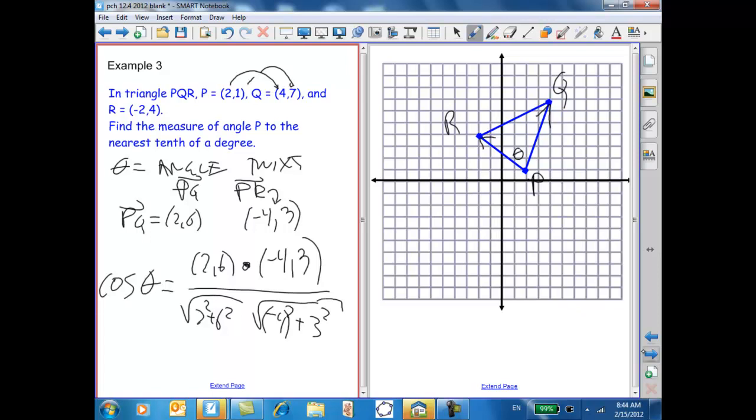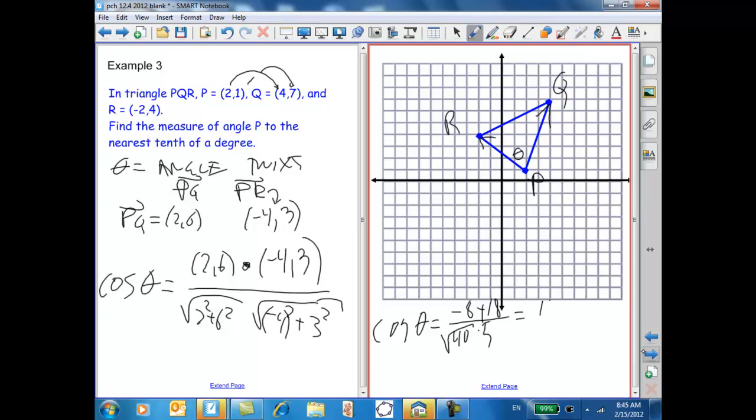So we get the cosine of theta equals -8 plus 18 all over the square root of 40 times 5. So that's 10 over 2 square roots of 10 times 5. So that's 1 over the square root of 10.